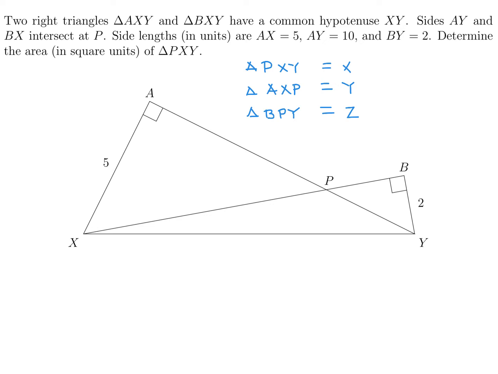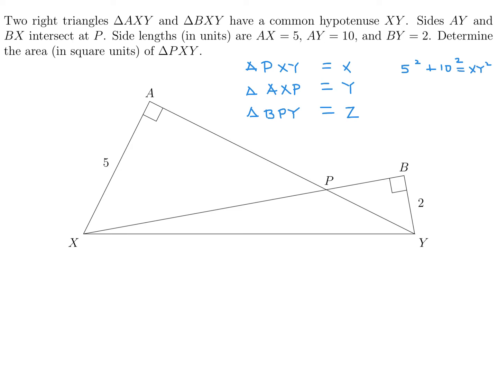Now, let's see here. We are given that these are right angles at A and B, so that's very helpful. So we can use Pythagoras. And also given a lot of units here, that AX is 5, AY is 10, BY is 2. So that's going to help us. So using Pythagoras, I know that 5 squared plus AY squared, which is 10 squared, is equal to XY squared.